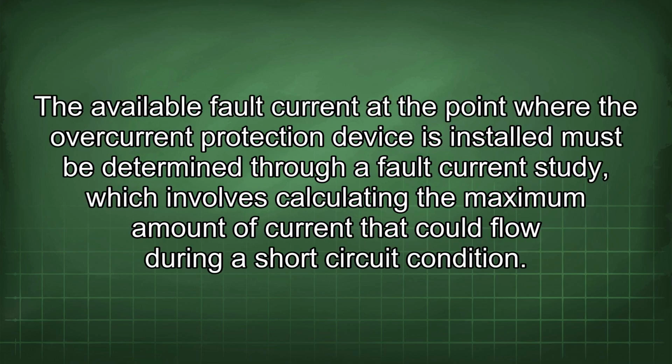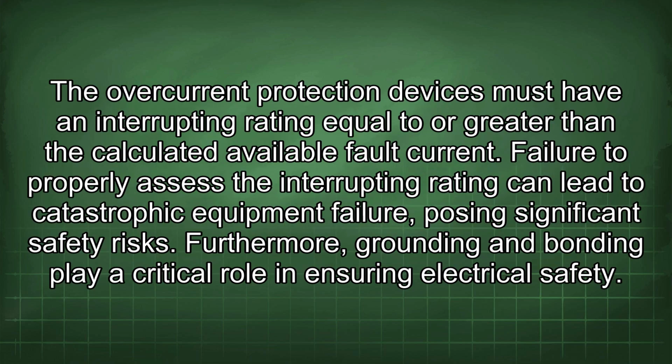The available fault current at the point where the overcurrent protection device is installed must be determined through a fault current study, which involves calculating the maximum amount of current that could flow during a short circuit condition. The overcurrent protection devices must have an interrupting rating equal to or greater than the calculated available fault current. Failure to properly assess the interrupting rating can lead to catastrophic equipment failure, posing significant safety risks.